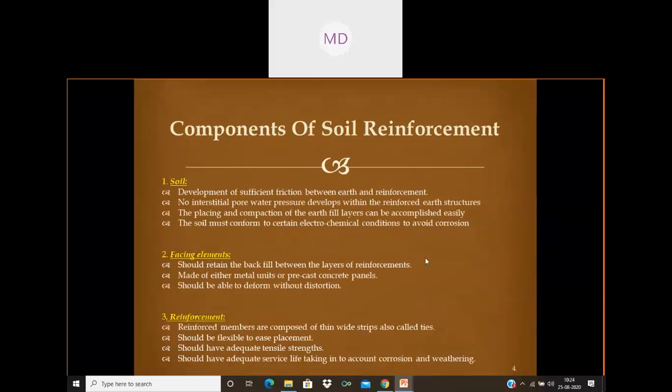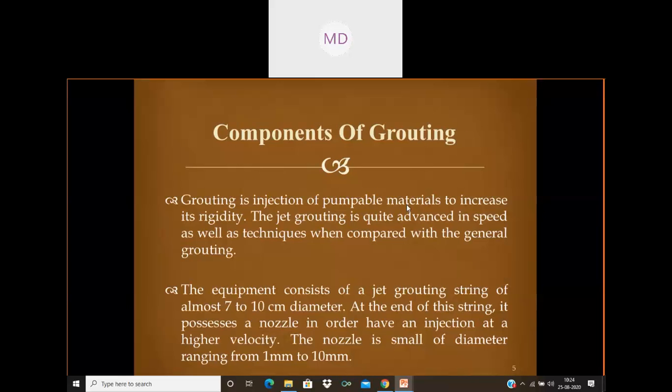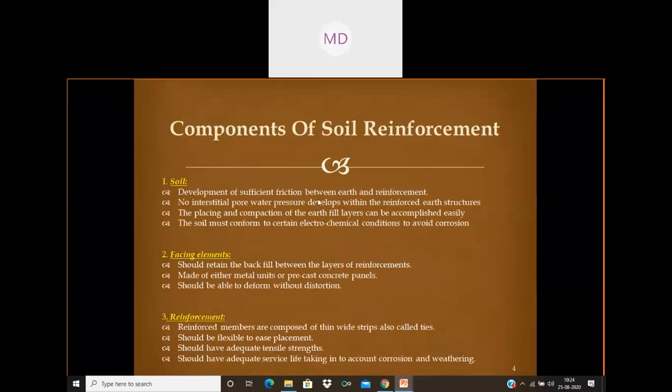Next, we move to components of soil reinforcement. The characteristics that we get after the application of soil reinforcement are the development of sufficient friction between earth and reinforcement.